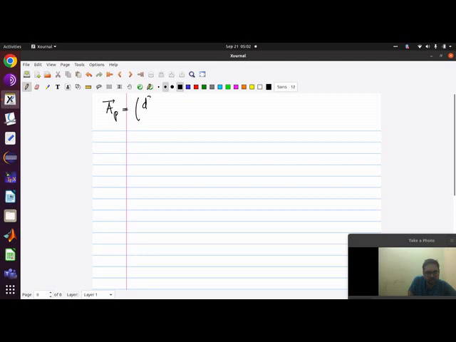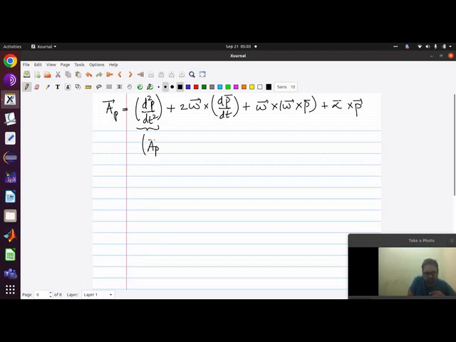Acceleration of point P is d square p by dt square plus 2 omega cross dp by dt plus omega cross omega cross p plus alpha cross p.